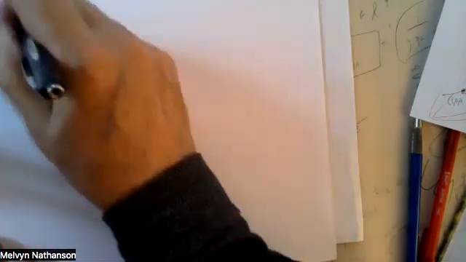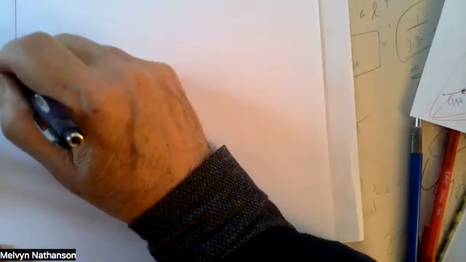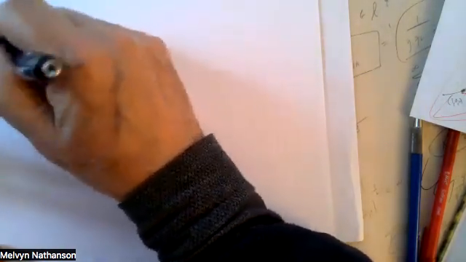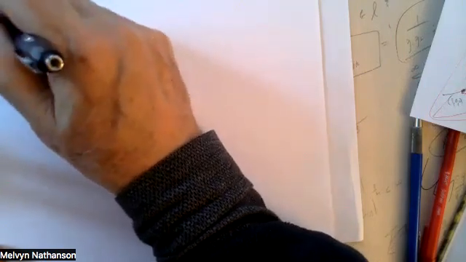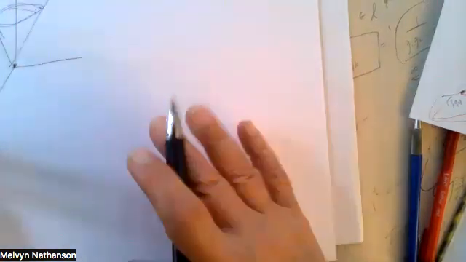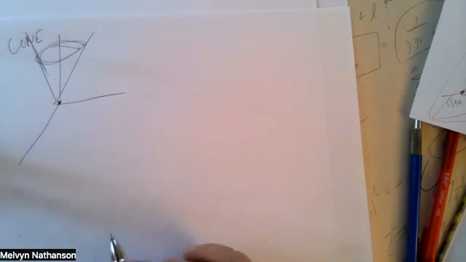Here's one which is a little more complicated to describe. It's a cone. So you might have a cone with its vertex at the origin and the z-axis as its axis, and the cone looks like that. Everyone knows what a cone is, so just think of it in three-dimensional space.